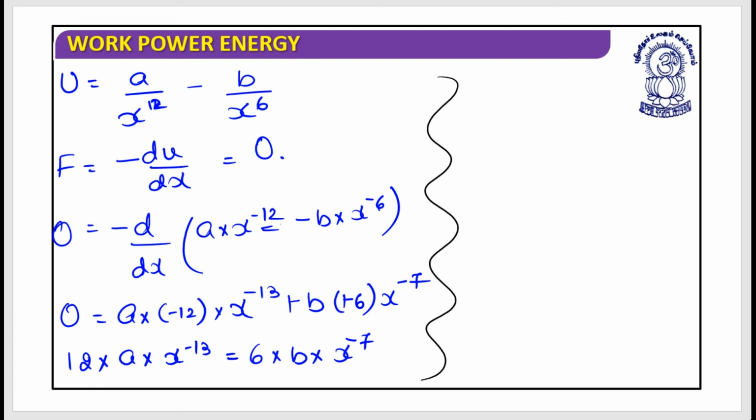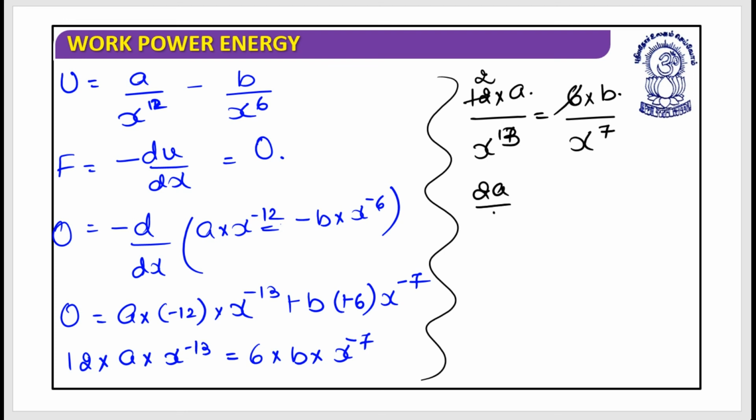So 12A divided by x to the power 13 equals 6B divided by x to the power 7. Six 2s are 12, so 2A by B equals x to the power 13 minus 7.